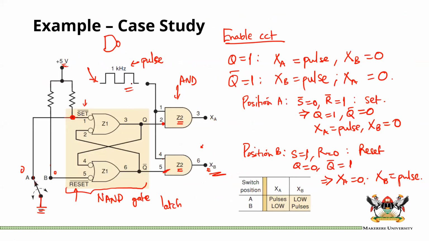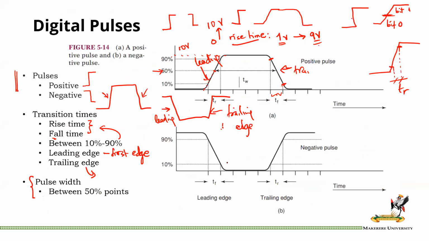In real life, if you are looking at this pulse that we are talking about, it is not sharp like this. It is more like this, and so on. Technically speaking, you want a low rise time and a low trailing fall time.